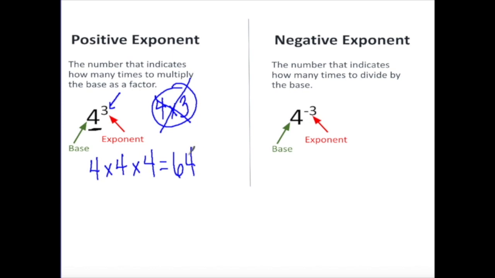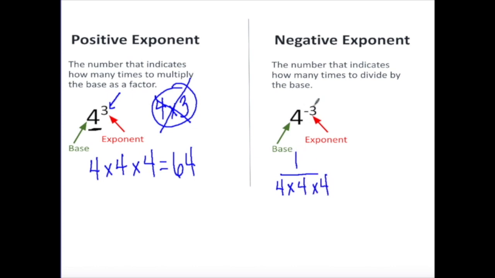So what was new to us this year was that we started to see some negative exponents. So the negative exponent just tells us how many times we need to divide. So an easy way to look at this one is to say, well, I know I have to divide. So I'm going to divide 1 over 4 times 4 times 4.